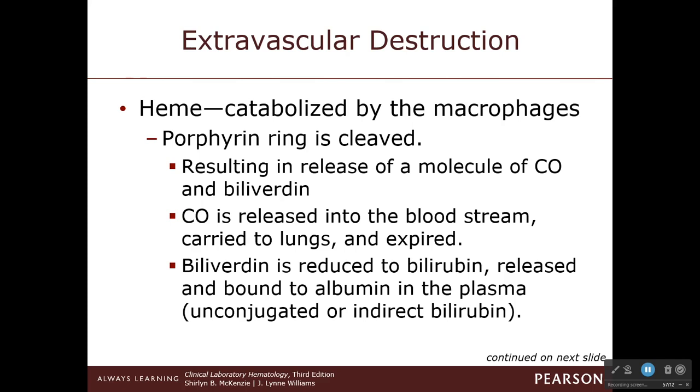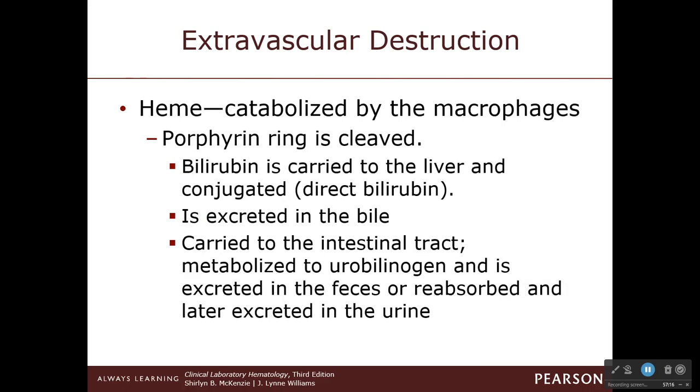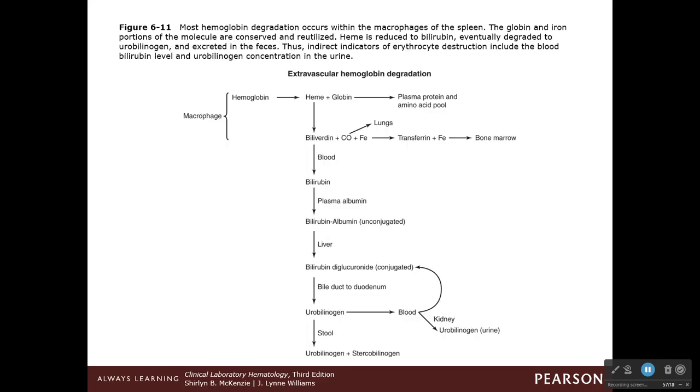So let's talk about heme. That's the important one here. It's all written down, but this is what I want you to look at, the flow chart. So, spleen, liver, bone marrow, macrophage. It breaks hemoglobin down into heme plus globin.